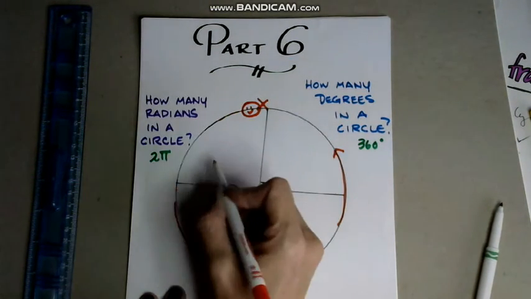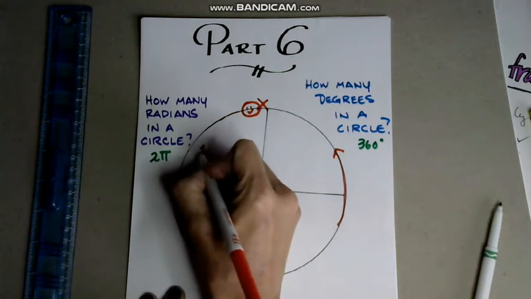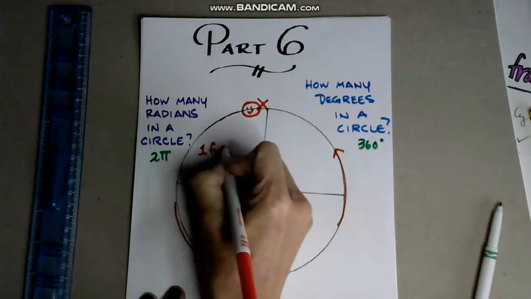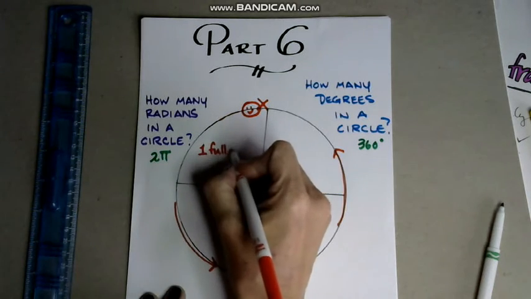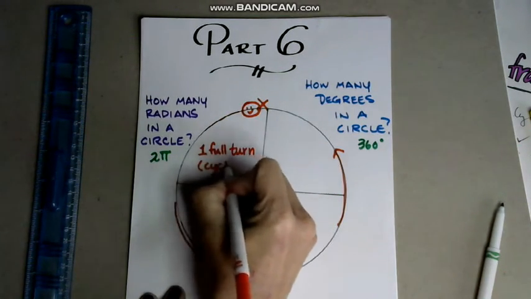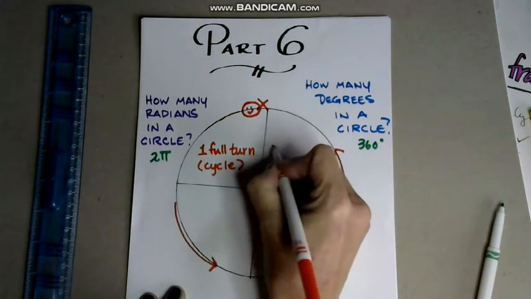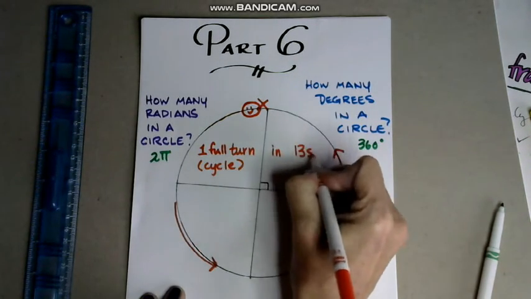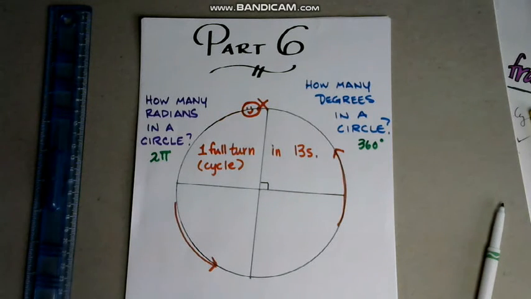So your little kid makes one full turn, maybe I'll even say cycle, in 13 seconds. Can you please tell me the angular velocity in radians?